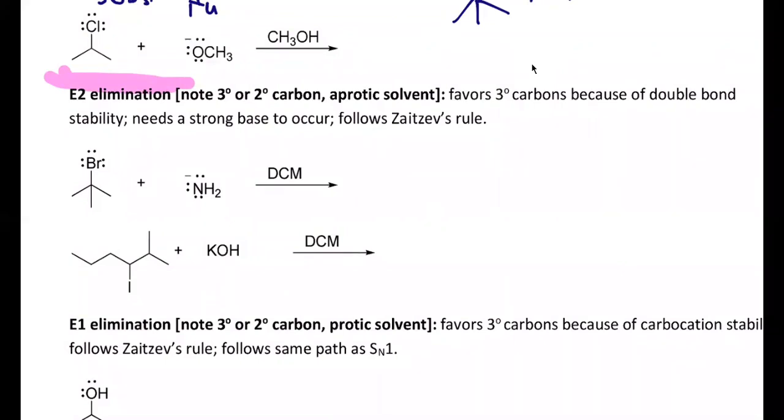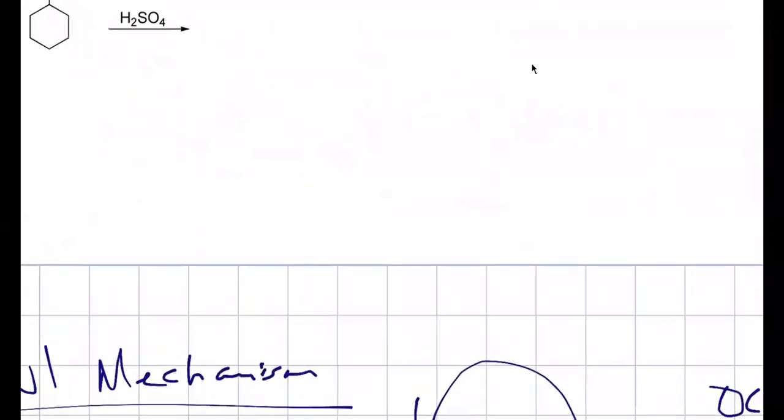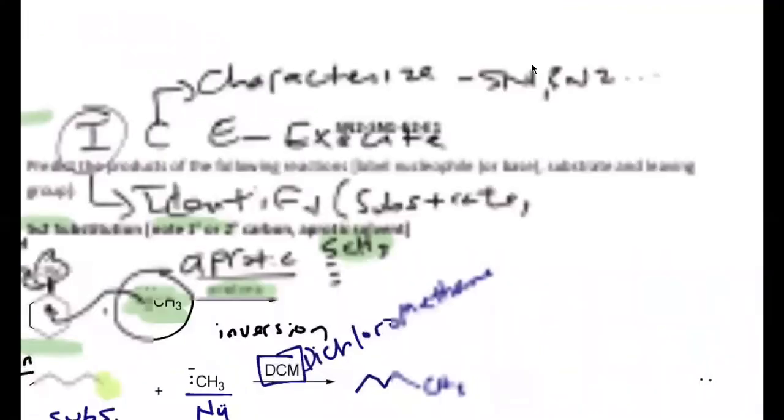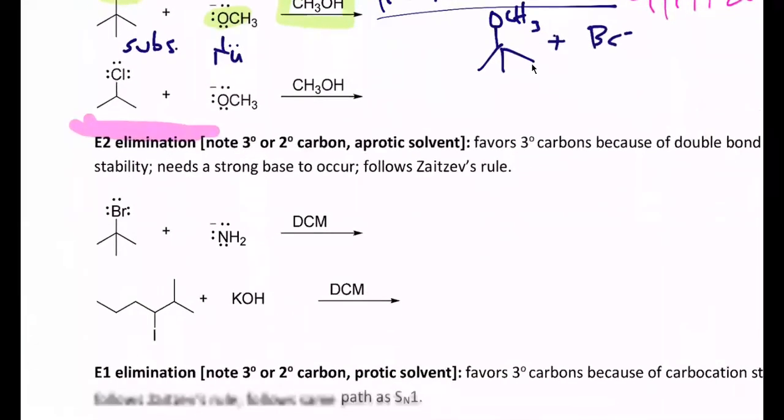What's the outcome of any elimination? I thought it was breaking a double bond. No, that's addition. When you eliminate, elimination always makes a double bond or a pi bond. That's how you know you've done an elimination, is when you form a pi bond.